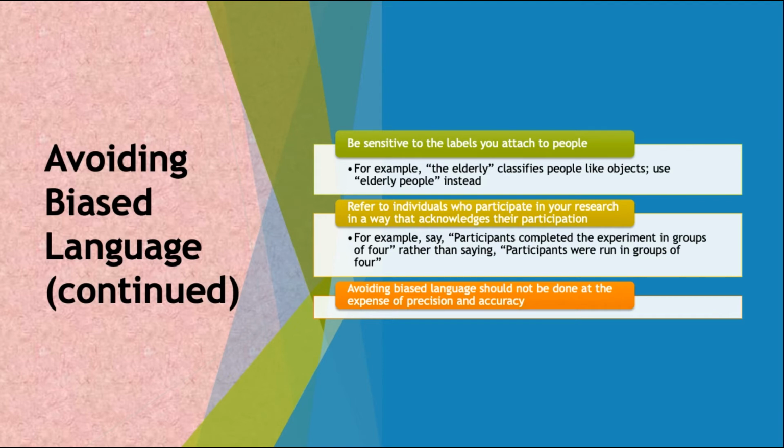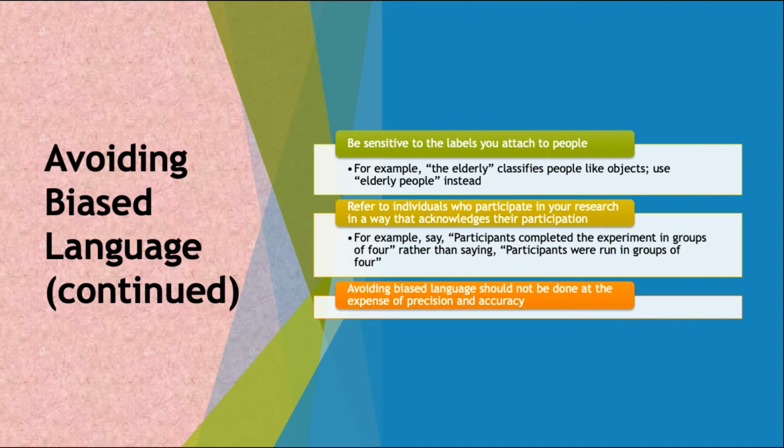The APA publication manual 2010, pages 70 to 77, provides an extended discussion of these three guidelines just outlined, as well as discussion of specific areas of concern, for example, racial and ethnic identity, gender, sexual preferences, and disabilities.